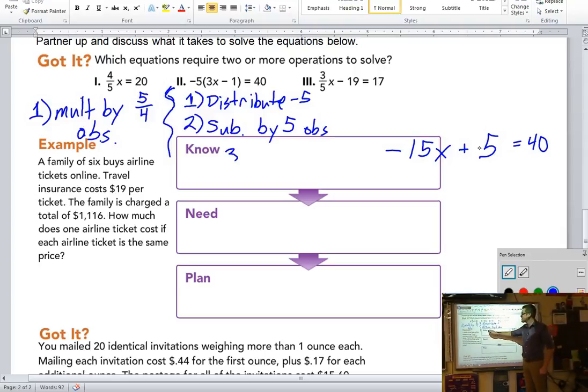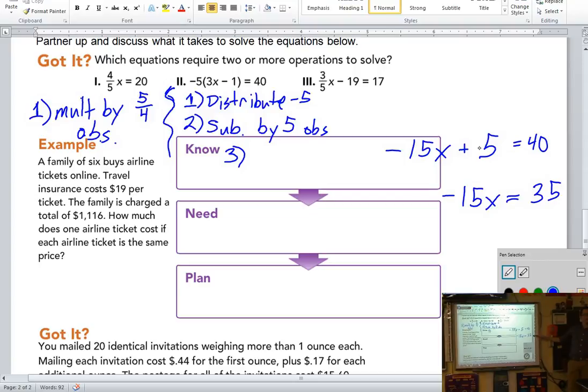And then there's actually a third step here. Again, this is where you might need to post it. After I would subtract by 5, this would become negative 15x equals 35. You don't have to write the equation out, just to help us think. The last thing we would do, Jaheim, if this was now my equation, how do I get the x by itself?